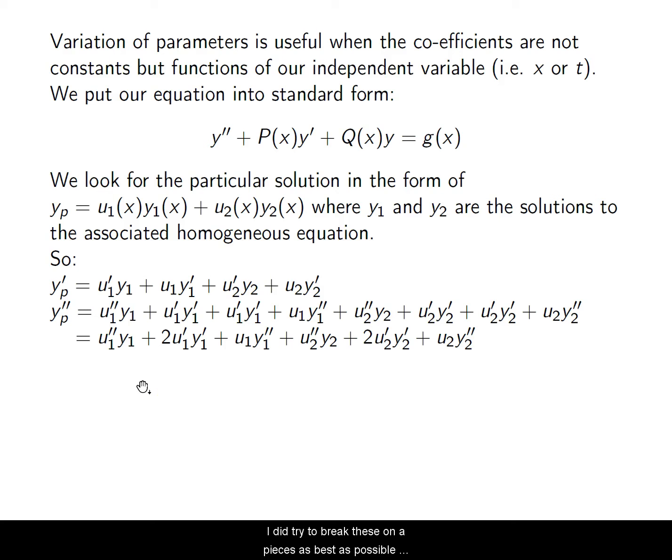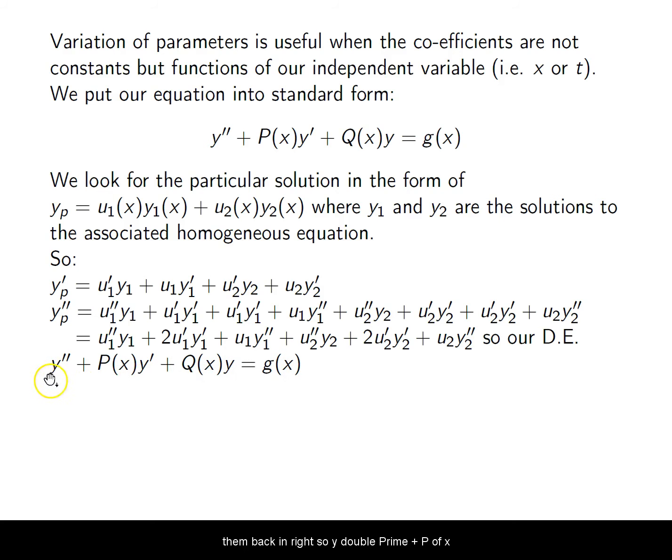So when I substitute these back in, we have y double prime plus p of x times y prime plus q of x times y equals g of x. I'm going to plug it back in.